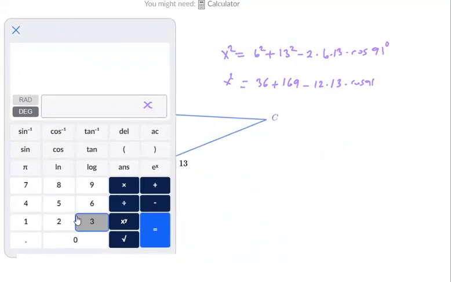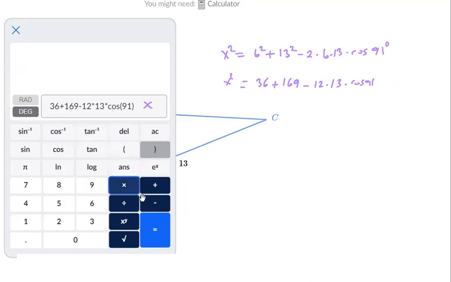So 36 plus 169. If you don't feel comfortable typing these in the calculator all at once, you can do it step by step, and that might be good as well. So minus 12 times 13 times cosine 91.